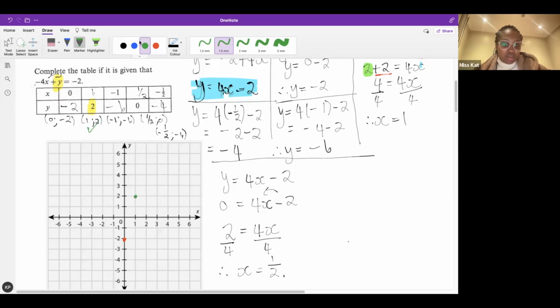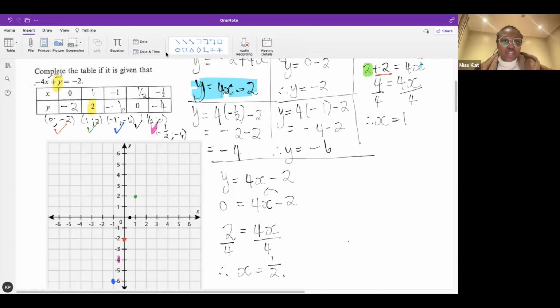Next is -1 with -6. Next one is 1/2 and 0. So 1/2 is about there. And the last one I'm going to have to use a highlighter is -1/2 and 4. So that's about there.